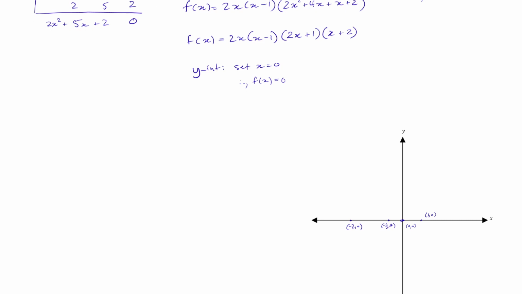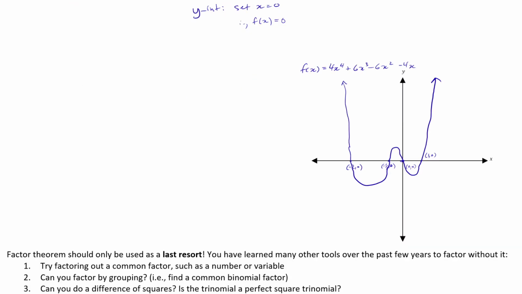This is 2x to the power of 1, there's a 1 there, there's a 1 there, there's a 1 there. We're going to see linear behavior through all of those zeros. Okay, so I've sketched this out, not my best work, but for the purposes of this question, that's fine.